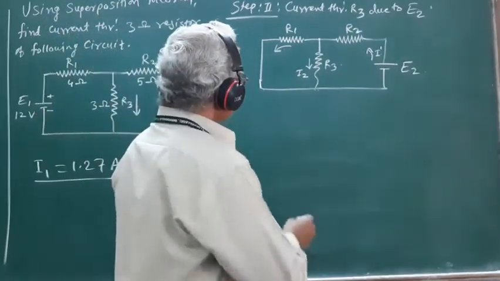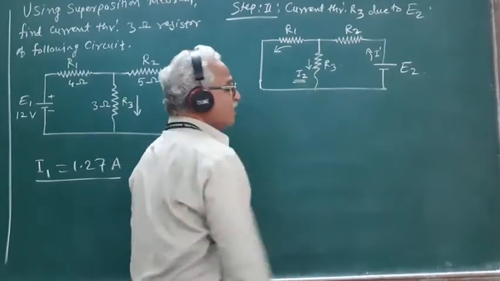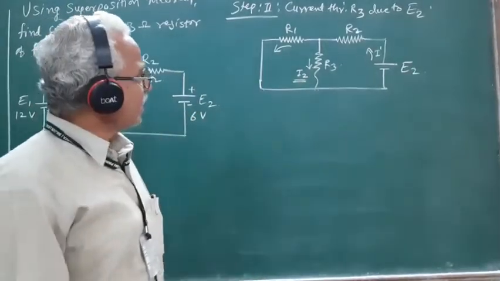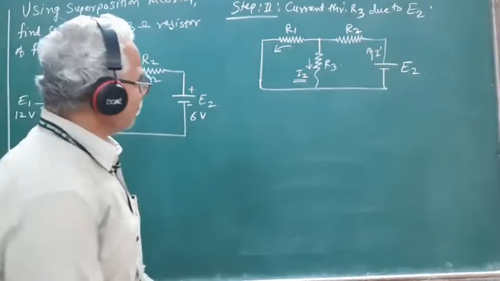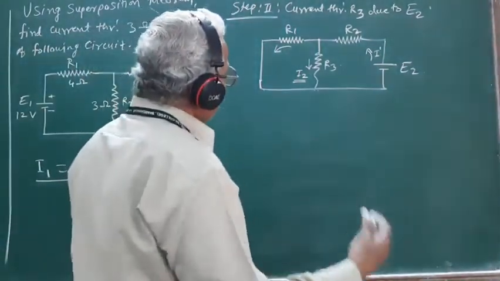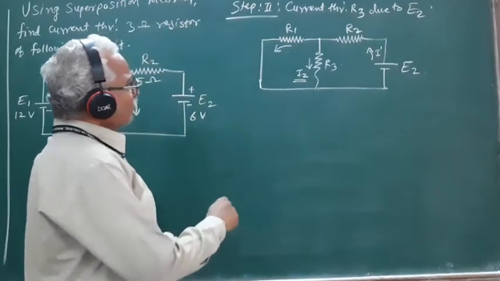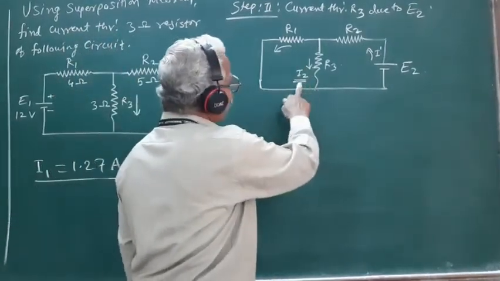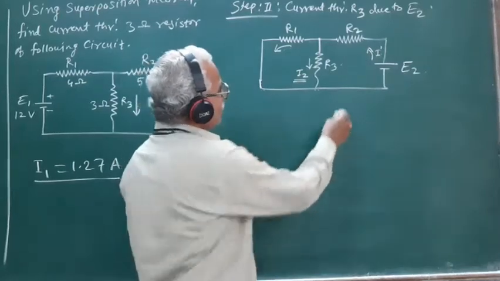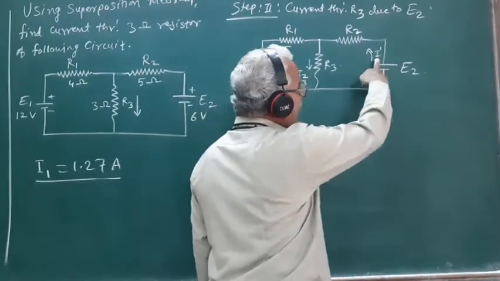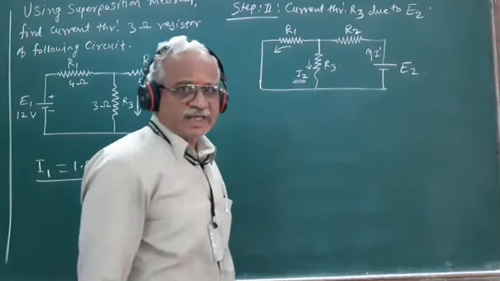So we are interested to obtain the current I2 flowing through this resistance R3 only due to the source E2. So to find out the current flowing through this resistance R3 only because of E2, we must first know what is the total current I prime sent by the source in the circuit.